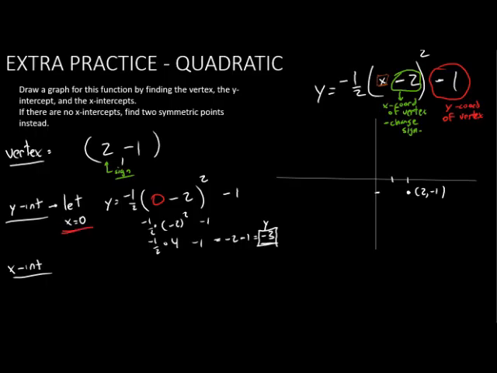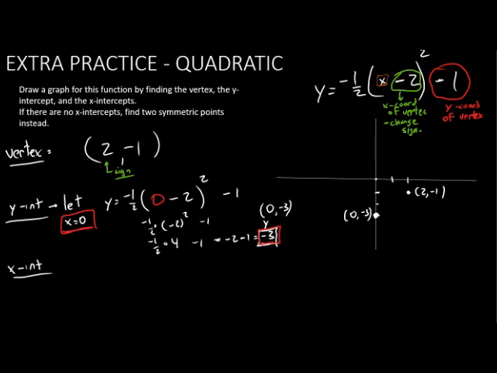Therefore, our x is 0 and our y is -3. Therefore, our point is 0, -3. We'll place that on our graph by starting from the origin and going down by 3 units.